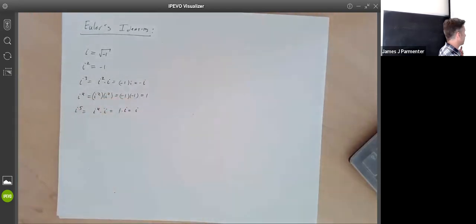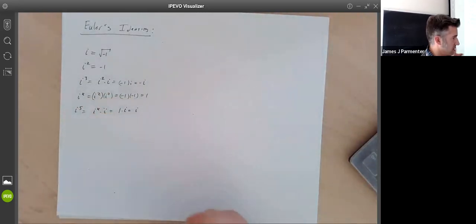So we got this kind of cycle. When I think about this cycle of powers of i, I also think about the cycle of the derivatives of sine and cosine. If you take their derivatives, it's a cycle of 4 iterations. The derivative of sine is cosine, the derivative of cosine is negative sine, the derivative of negative sine is negative cosine, and the derivative of negative cosine gets you back to sine.